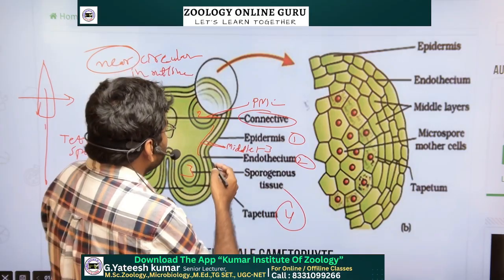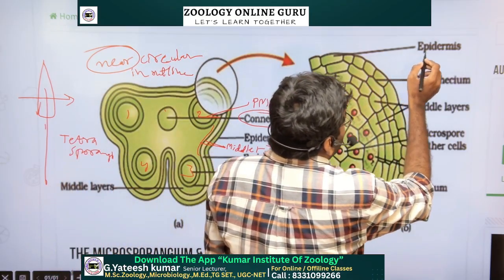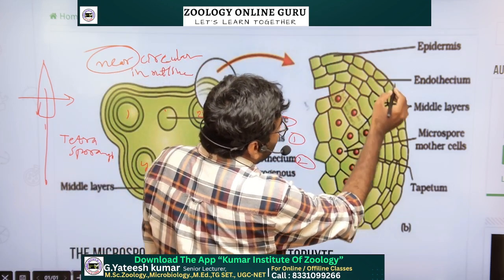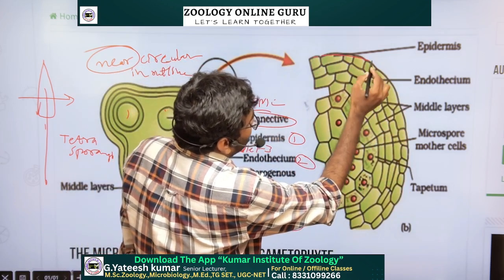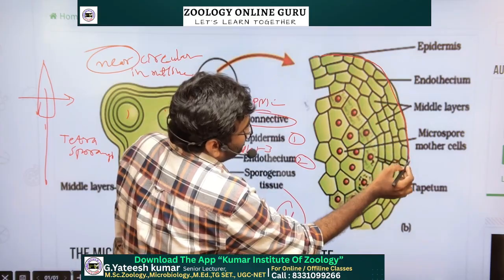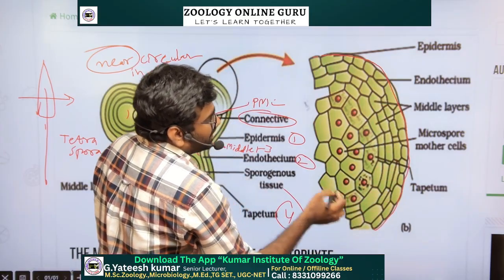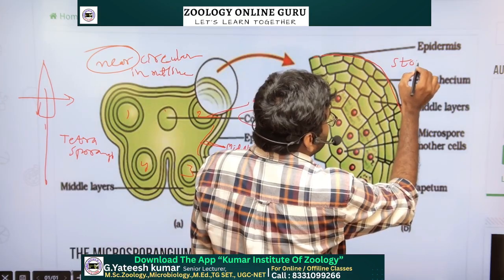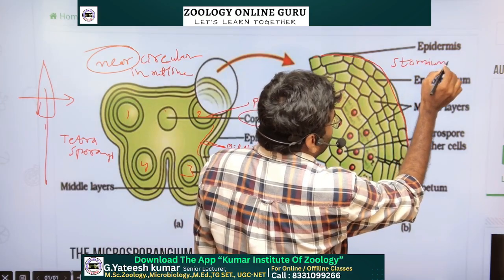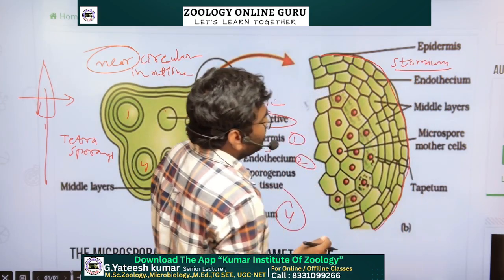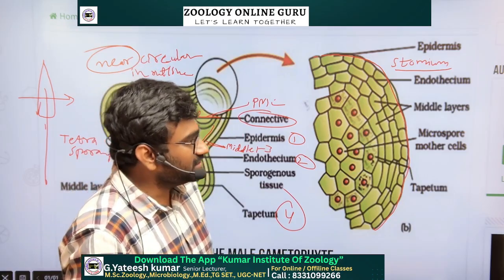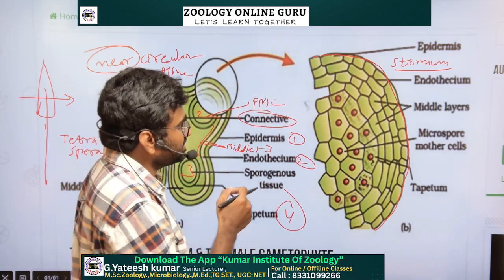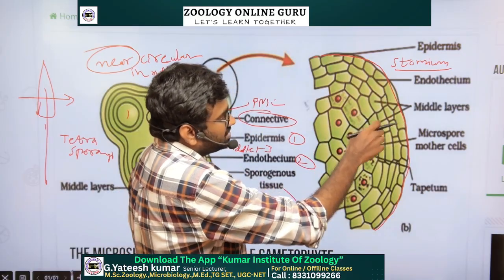So first let us talk about the epidermis. The epidermis is generally one cell thick, right? Here in the epidermis, we need to remember one important point, that is the stomium. Stomium is nothing but specialized cells present in the grooves of the anther, especially in the epidermis region.